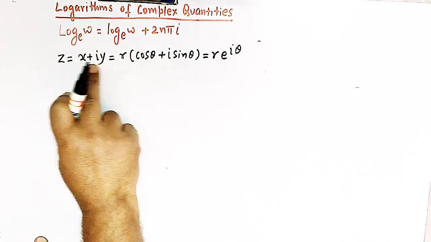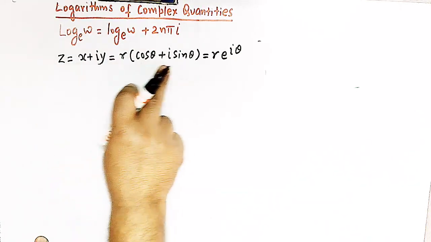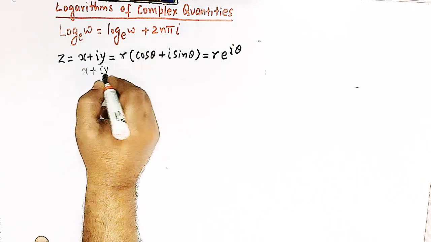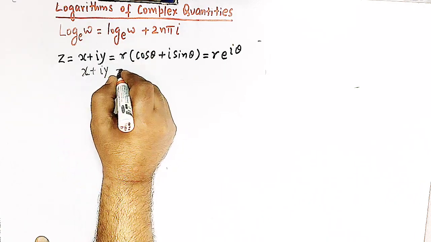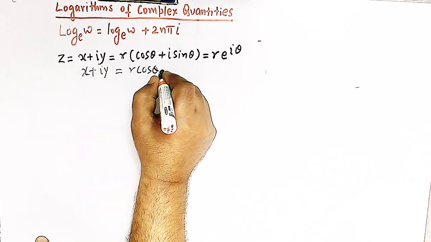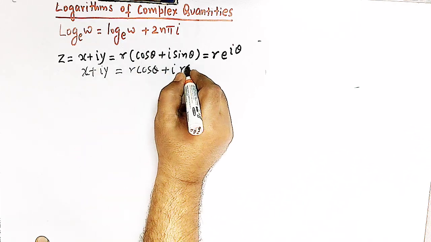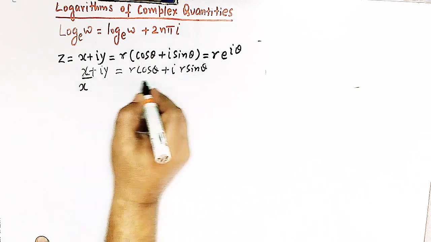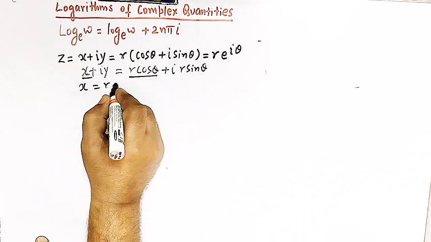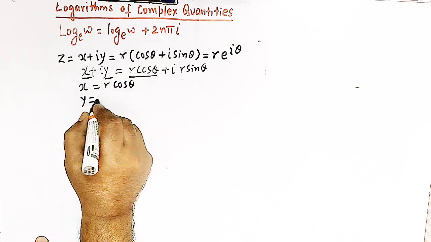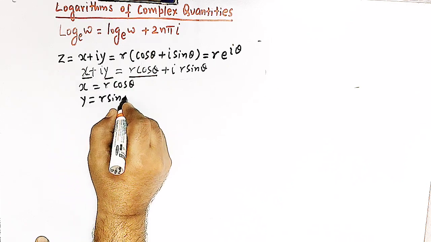So now comparing the real and imaginary parts on both sides, that is x plus iota y is equal to r cos theta plus i r sine theta. So we have x is equal to r cos theta, and y is equal to r sine theta.